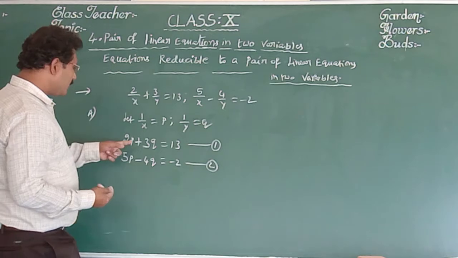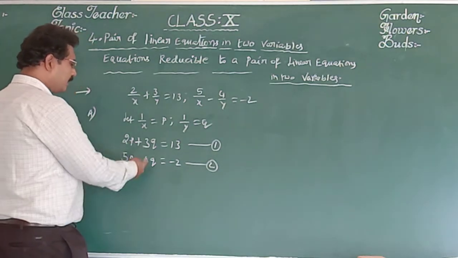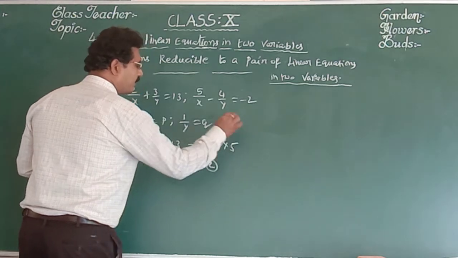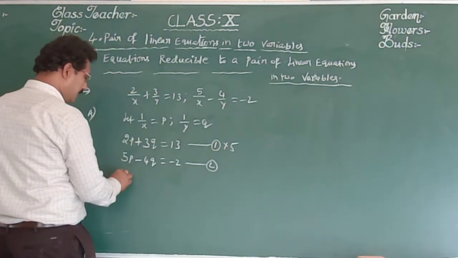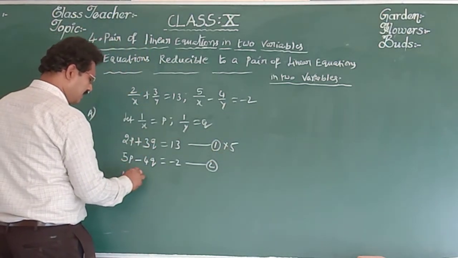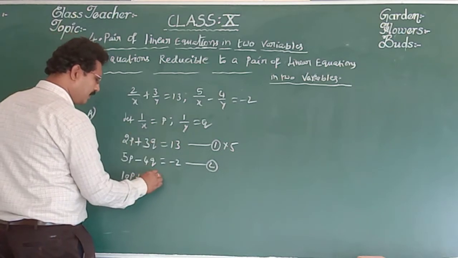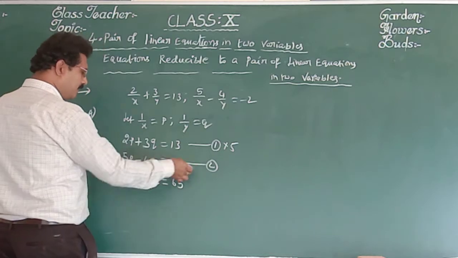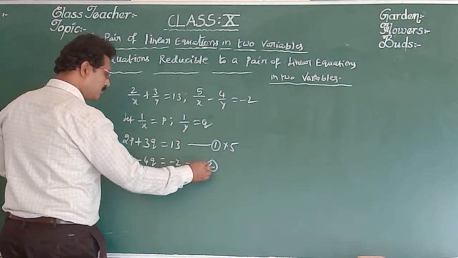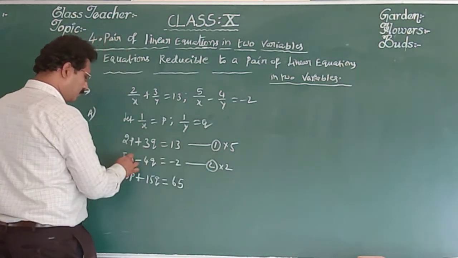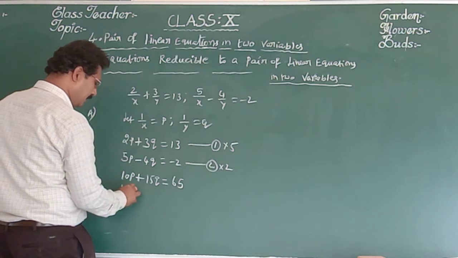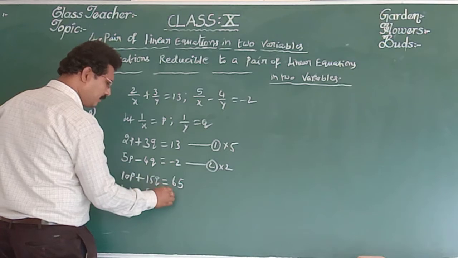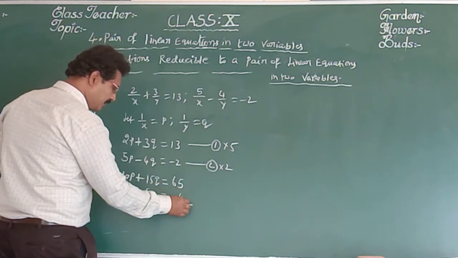Now first solve these two equations 1 and 2. Here it is 3 and 4, so multiply equation 1 by 5: 5 twos are 10p plus 5 threes are 15q is equal to 13 fives are 65. Multiply equation 2 by 2: 2 fives are 10p minus 2 fours are 8q is equal to 2 into minus 2, that is minus 4.